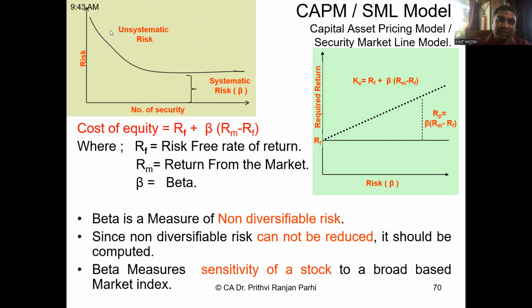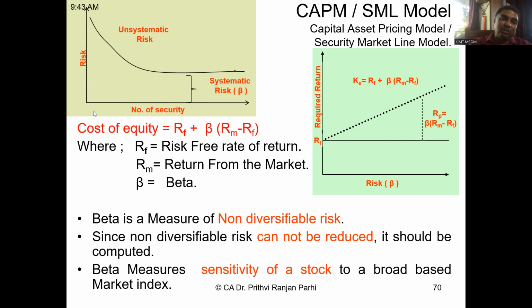Look at this chart, where it is talking about two components: systematic risk and unsystematic risk. When you learn the subject called portfolio management, you'll understand that if you increase the number of your investments in securities, risk reduces. For example, let us say you're investing in only one company's share in the share market.